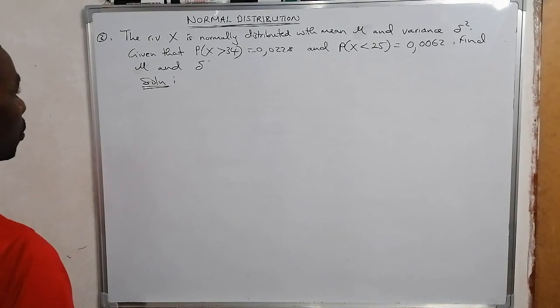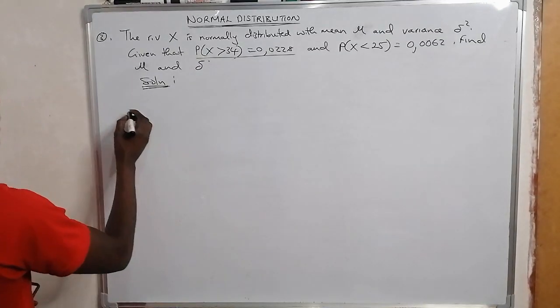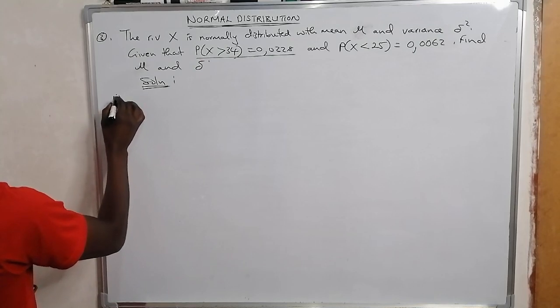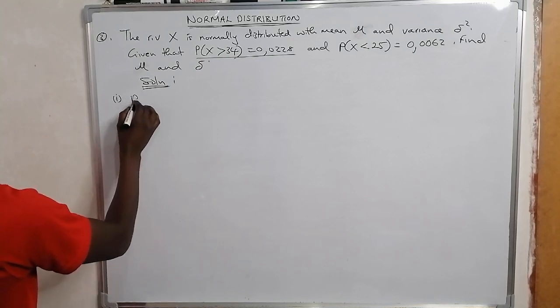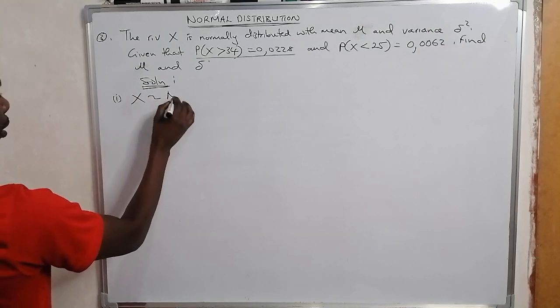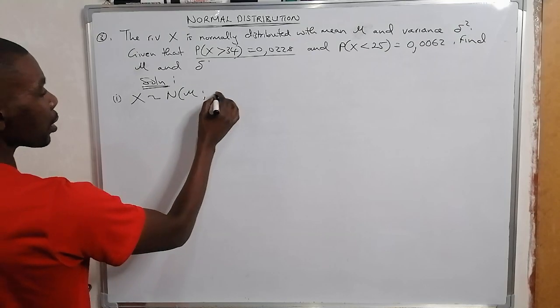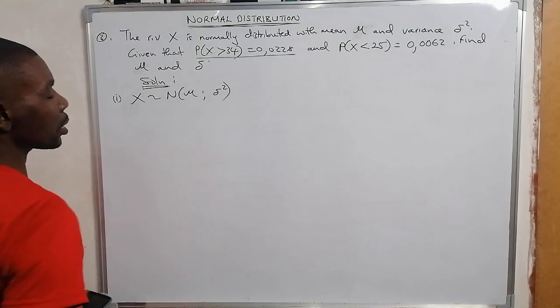Right, for the solution, let's start with this one. We have part 1. We have to write the distribution first. X follows a normal distribution with mean mu and variance sigma squared.